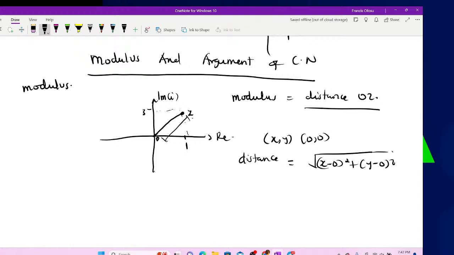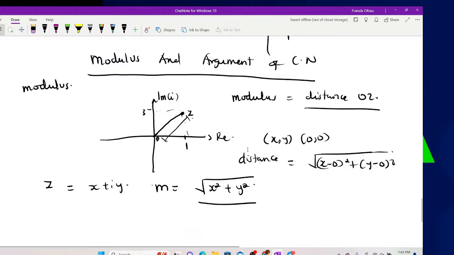We apply the same principle here. So the rule is, for every general complex number represented as z equals x plus iy, the modulus is simply equal to the square root of x squared, that is the real part, plus y squared, that is the imaginary part. So this is how we find the modulus of complex numbers.